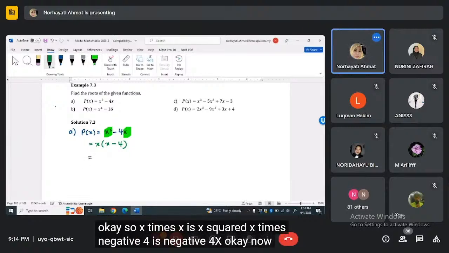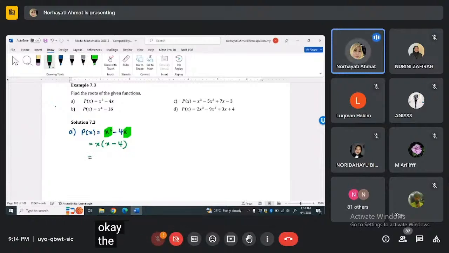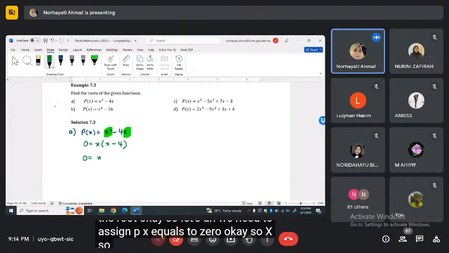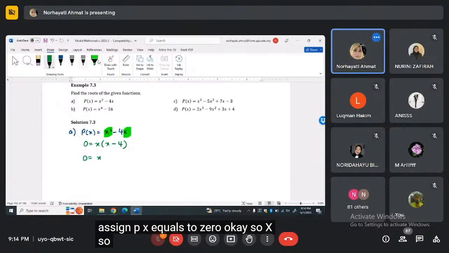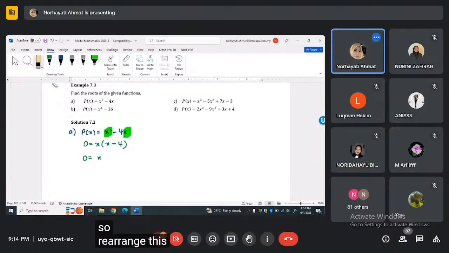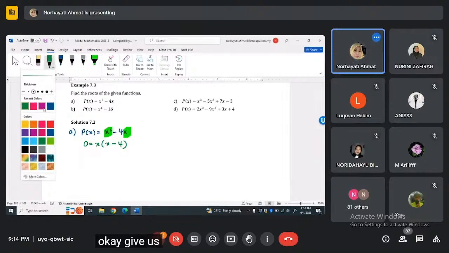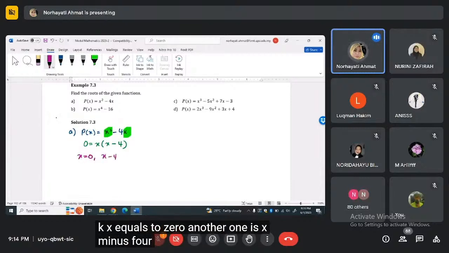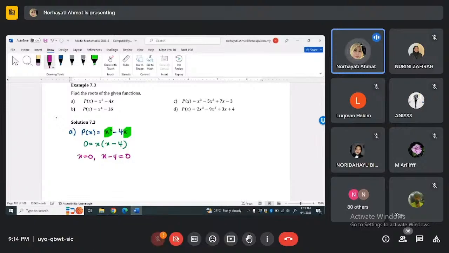Now, the root. We need to assign p(x) equals 0. So we rearrange this, which gives us x equals 0. Another one is x minus 4 equals 0. Right?